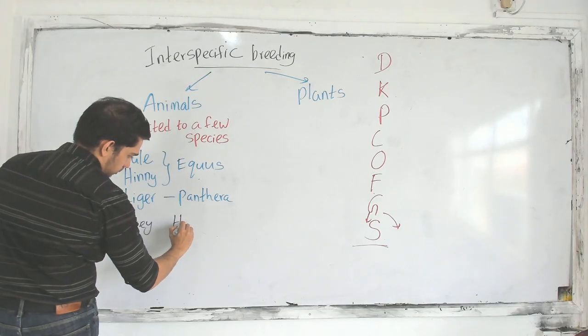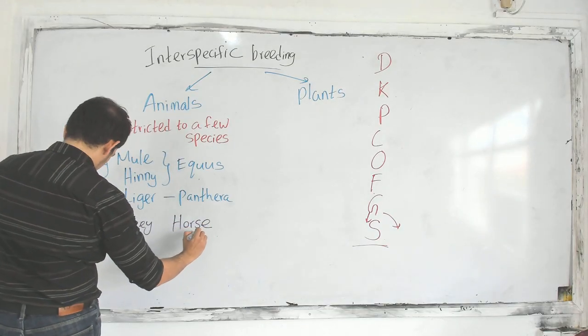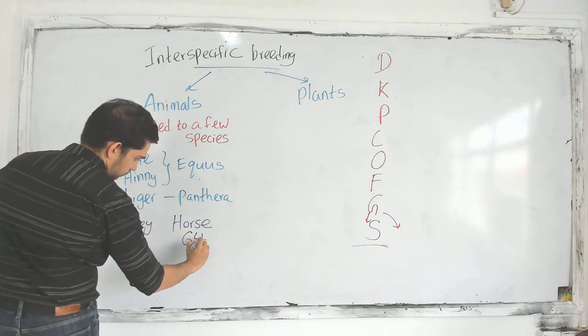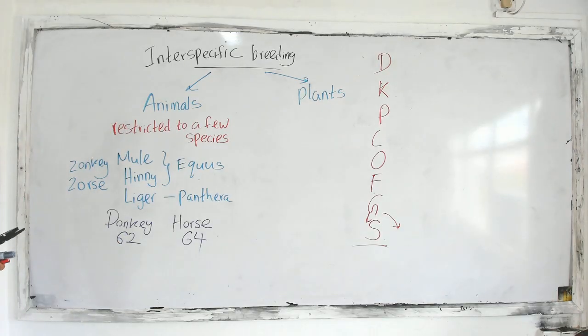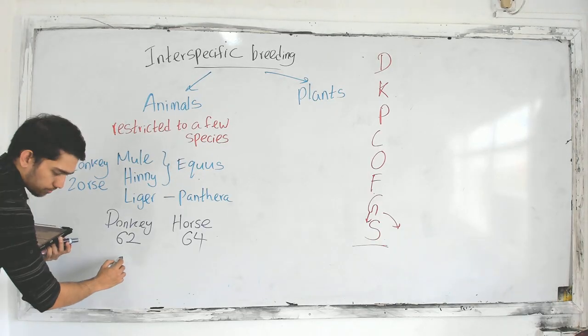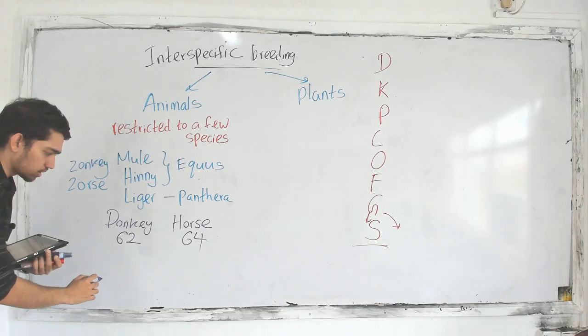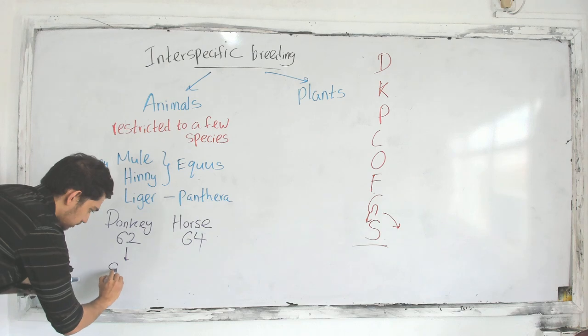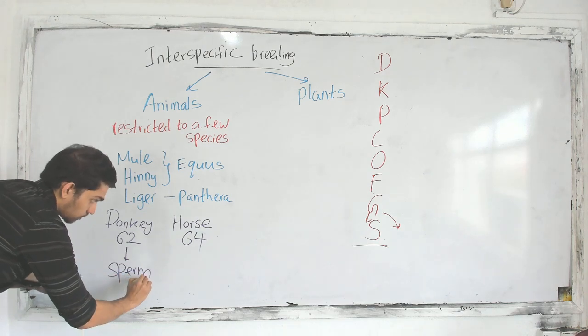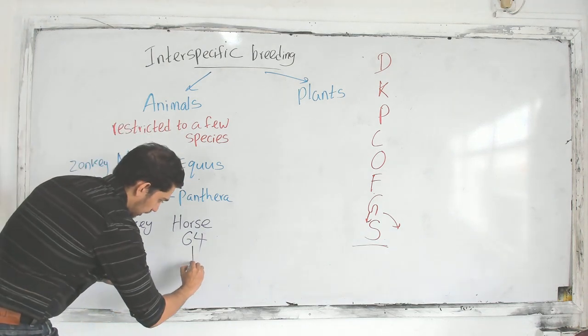Horses have 64. Imagine you are going to make a mule. You take a male donkey, which produces sperm, and a female horse, which produces eggs.